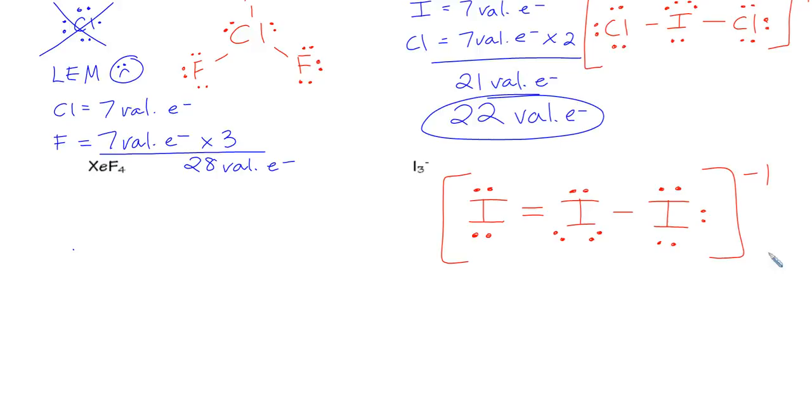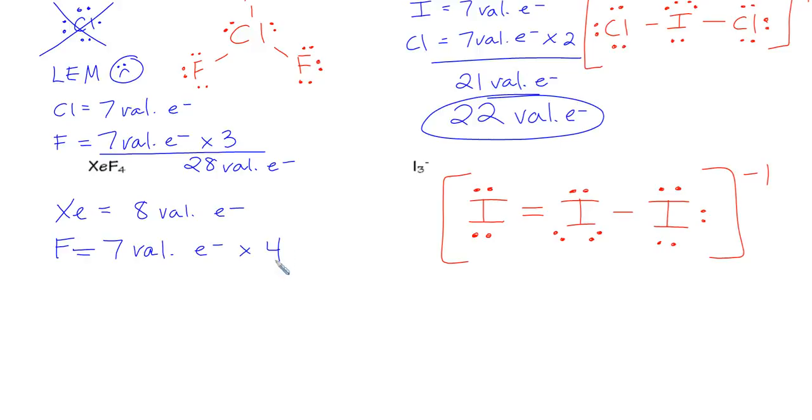So let's just start drawing something. Let's count the valence electrons and at least work on trial and error. Okay, so xenon will bring 8 valence electrons to the party. Fluorine brings 7 valence electrons. There are 4 of them.